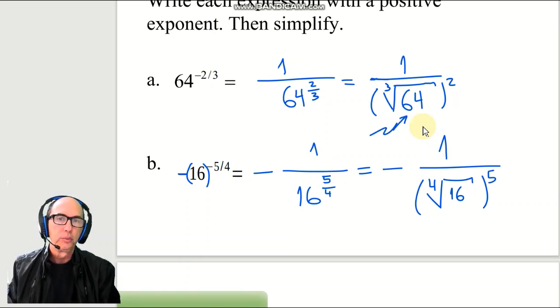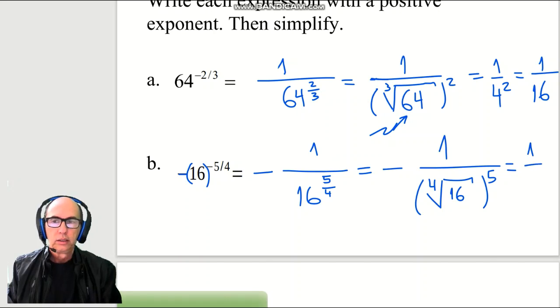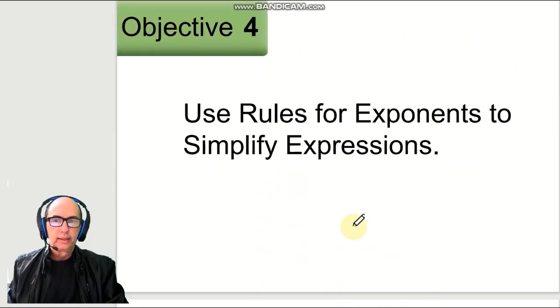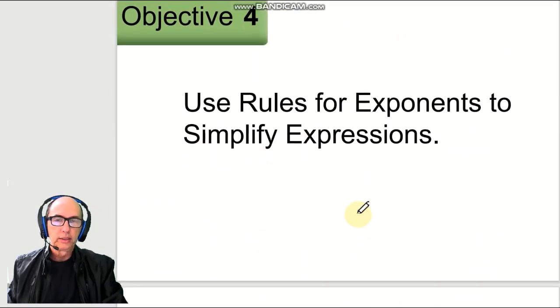Because we know the cube root of 64 is 4. And 4 squared, 1 over 16. And we can simplify here as well. 4th root of 16 is 2 times 2, 4, times 2, 8, times 2, 16. To the power 5 equals 1 over 32. Okay, next, using the rules for exponents to simplify expressions.